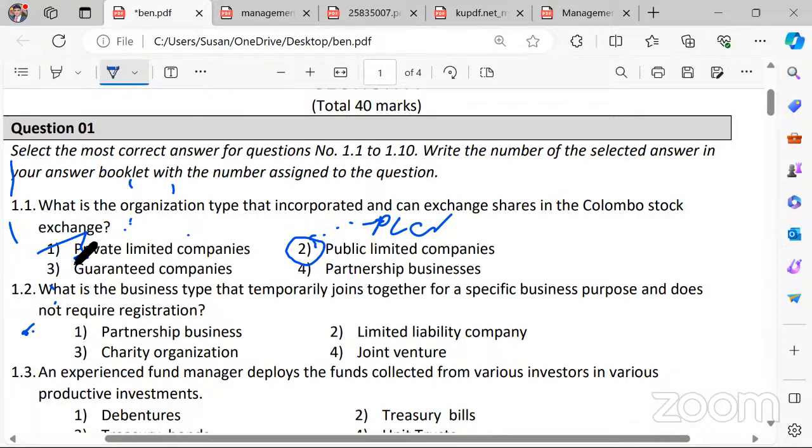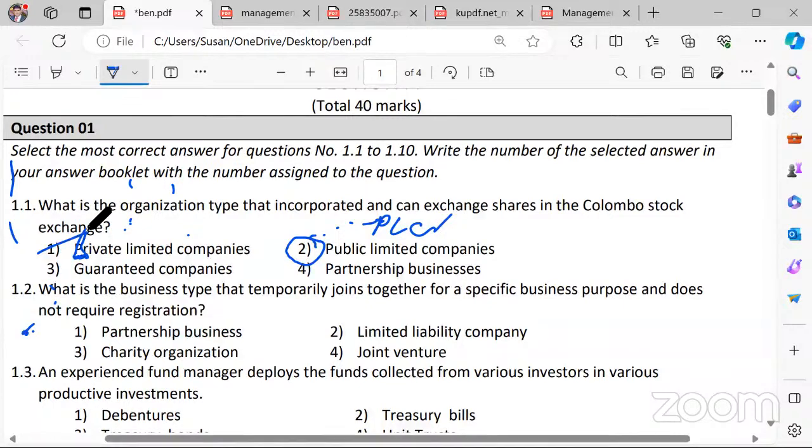Next: what is the business type that temporarily joins together for a specific business purpose and does not require registration? For this particular business model, there is no necessity to register it as a partnership or the like. But temporarily, a few parties gather until they finish their business target.